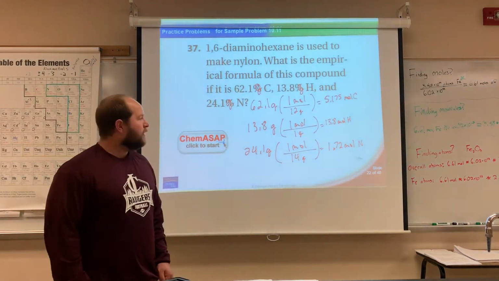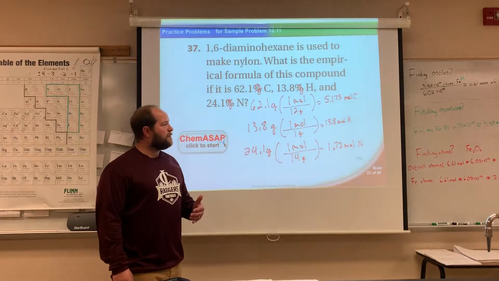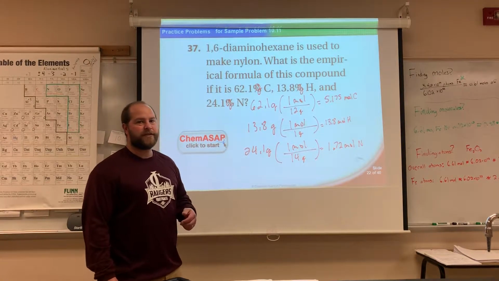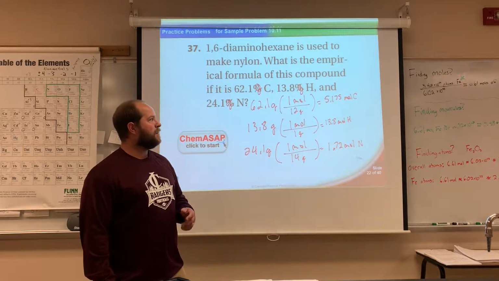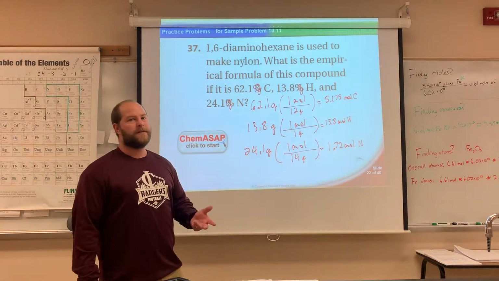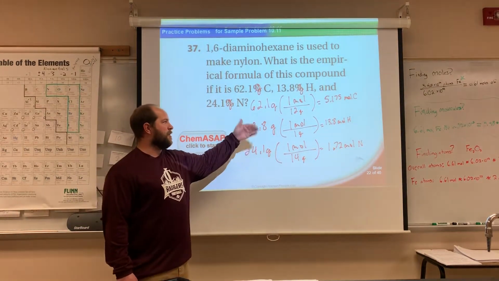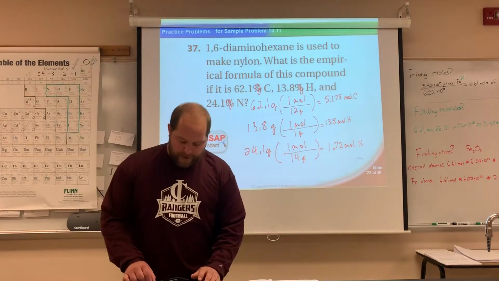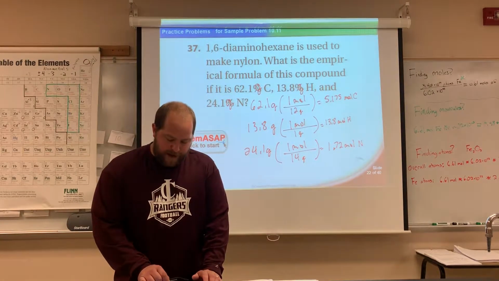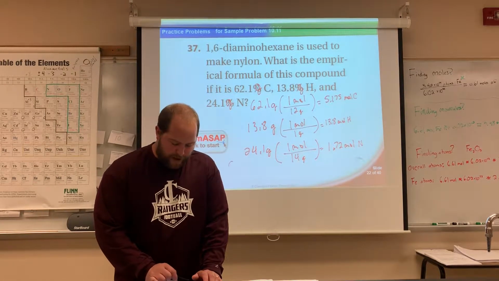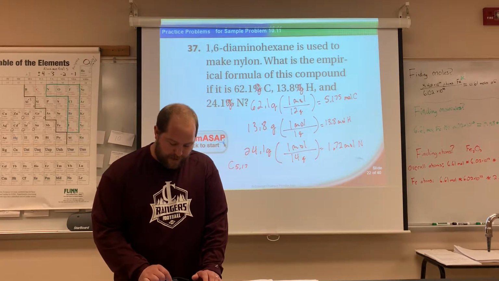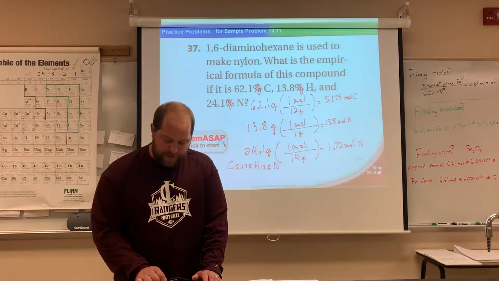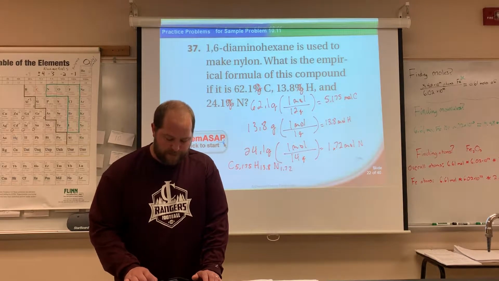Some of you may be able to see the ratio without dividing it out, but because we have 3 different numbers, I'm actually going to write it out and see what we get. We have carbon, 5.175, hydrogen, 13.8, and nitrogen, 1.72.